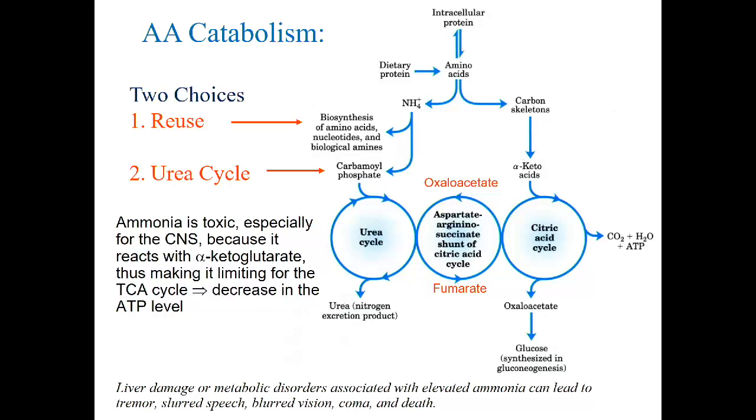Whether you're going to reuse those amino acids because there's not enough coming in, I have to recycle them as other proteins. Or if there's lots of proteins coming in, what are you going to do? Make fat, write it down on the slide, make some glucose where you need to, but particularly manage the nitrogen as urea. That's the choice the cell has.